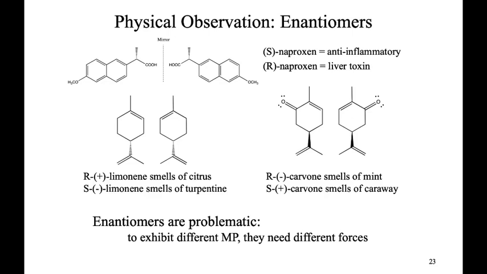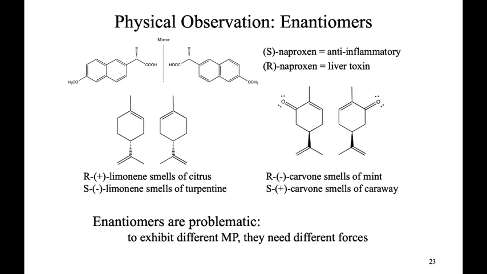They're interacting with your nose, and your nose is part of your body, and you are chiral. So that same molecule, by just changing the orientation in space, will change how your nose interacts with it, and it now signals a different thing to your brain, right? Which is kind of neat.